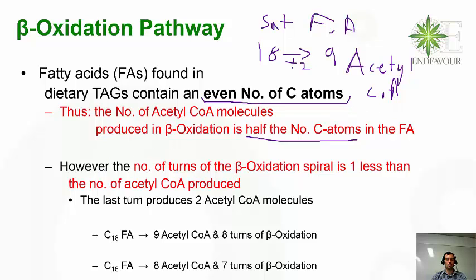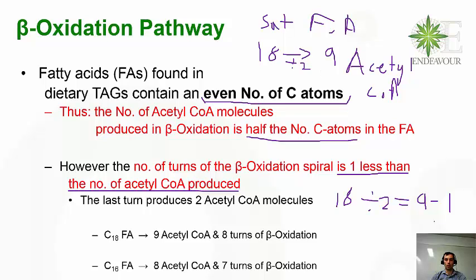To work out how many beta oxidation cycles you need to do, you can use the same rule. So you do 18 divided by 2, and then you just have to minus 1, because the number of turns of the beta oxidation spiral needed to break it down is 1 less than the number of acetyl-CoA, because the last turn actually produces 2 acetyl-CoA.